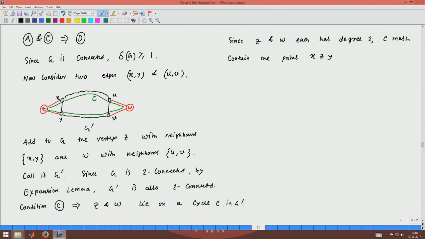Since z is of degree 2, this cycle must contain this part x, z, y and u, w, v. The cycle must contain this path, but not the edges x y and u v, because C is a path through z, w. So, it can't contain the edges x y and u v.